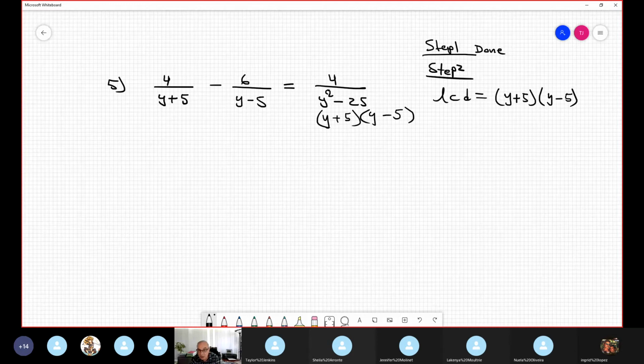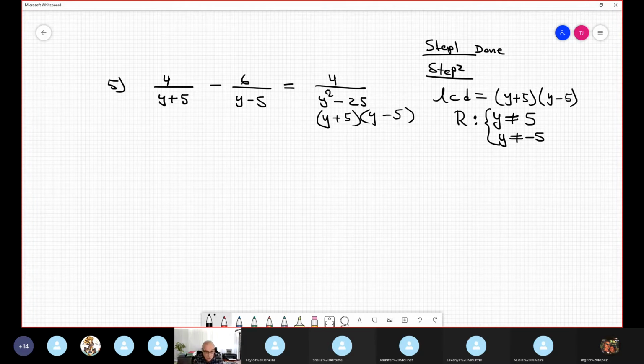What are the restrictions associated with the LCD? Que es the bad guy. A restriction is a value que when you plug in the factor of the LCD, gives me 0. I suppose que es 5 and negative 5. No 5, illegal. And no negative 5, illegal. Entonces I reserve this value for the last moment.